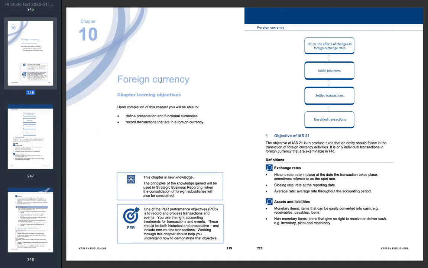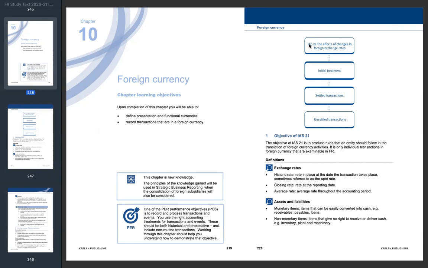But after 3 months, the exchange rate changes to 72 rupees for $1. So I have to pay more, okay? Because I had to pay only 70 rupees at the initial transaction, but on the settlement date it was 72 rupees. So I have a loss now. That is how we are supposed to deal with the exchange rates in case of foreign currency.